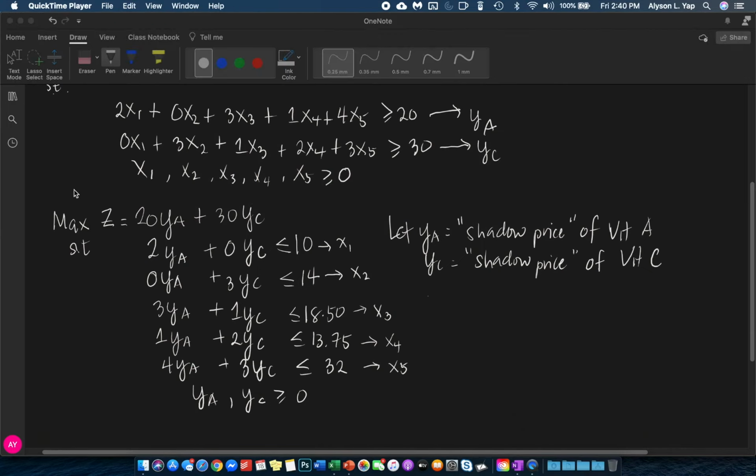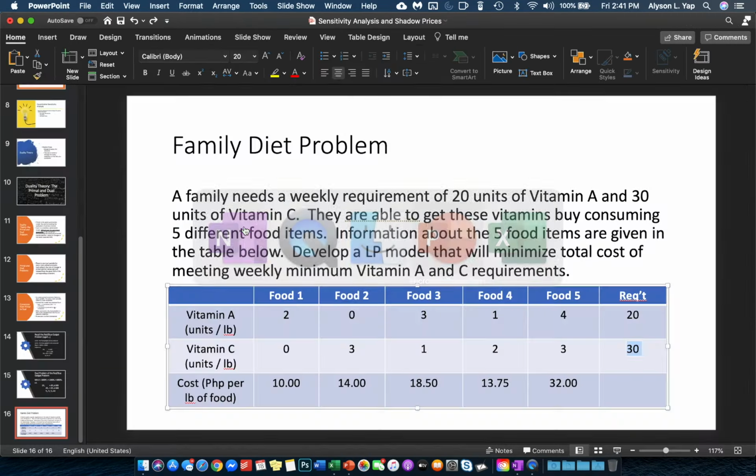So who owns this dual problem? Let me share with you an insight on who possibly owns it. And remember, this dual problem only exists because the family has this particular diet problem. Okay, and the diet problem refers to them requiring vitamin A and vitamin C units.